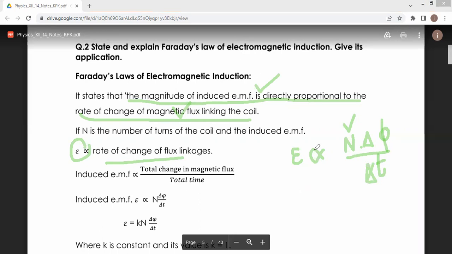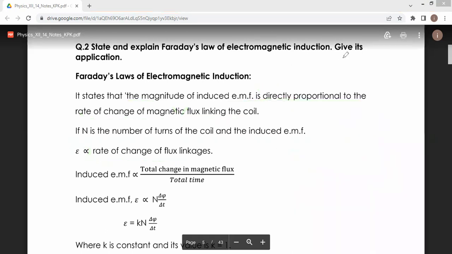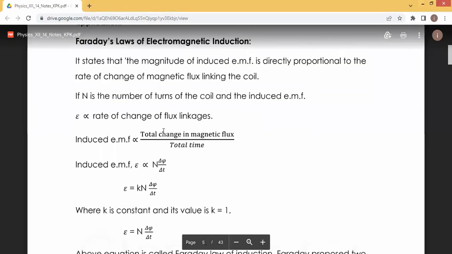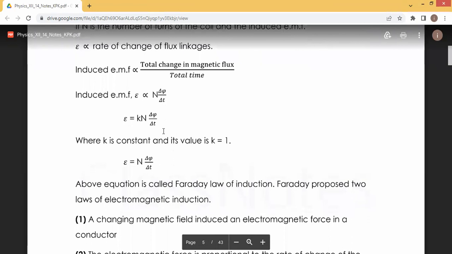Changing the proportionality into an equation, induced EMF equals k, that is a constant, times N delta phi divided by delta t. Here we suppose that the value of k is 1, so induced EMF equals N delta phi by delta t. This is according to Faraday's law of electromagnetic induction.